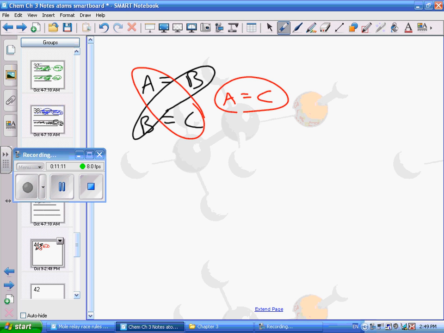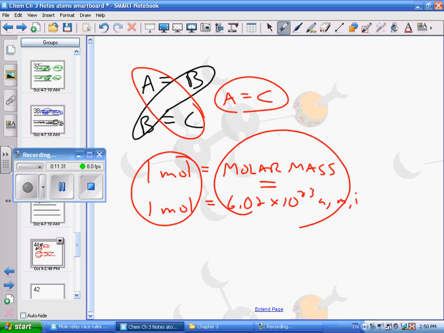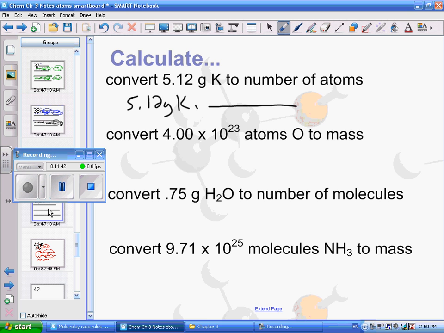So if I have 1 mole is equal to molar mass, and 1 mole is also equal to 6.02 times 10 to the 23rd atoms, molecules, or ions, if they're both equal to the same thing, then these two must also be equal. So molar mass is equal to 6.02 times 10 to the 23rd atoms, molecules, or ions. So let's use that information and go back to this slide.